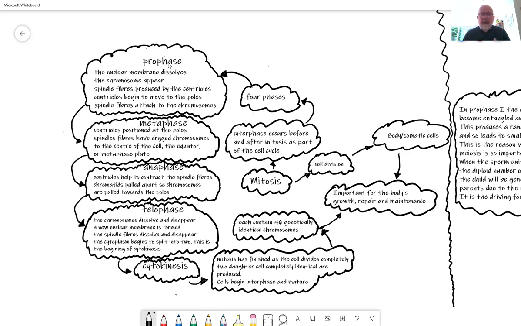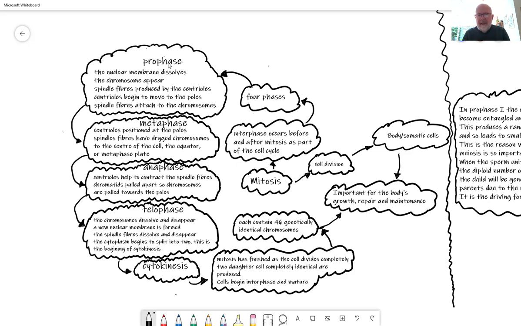Okay, so the centrioles are essential because they produce spindle fibers. Now, these are made of protein, and the centrioles begin to move towards the poles. That's the opposite ends of the cell. And the spindle fibers at the same time attach the centriole to the chromosome.